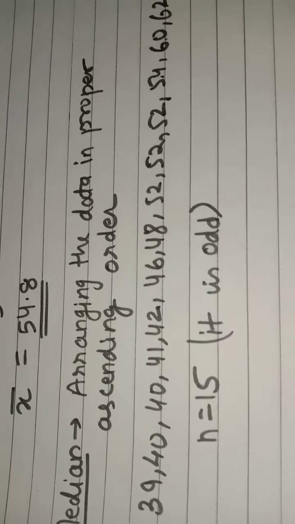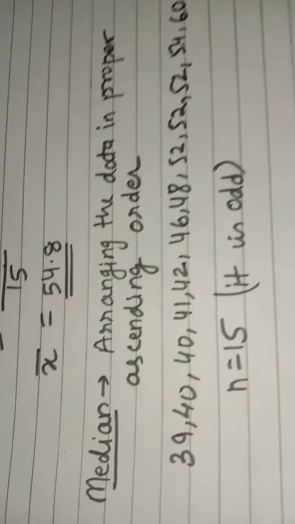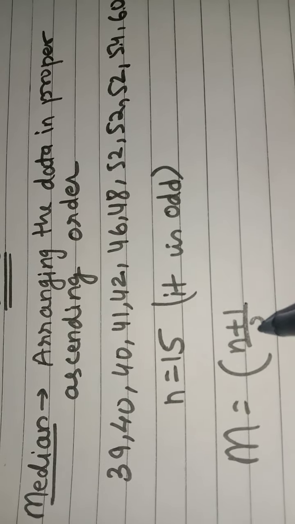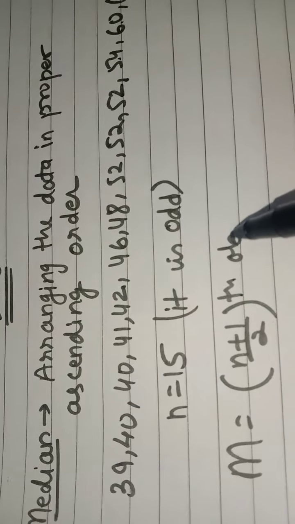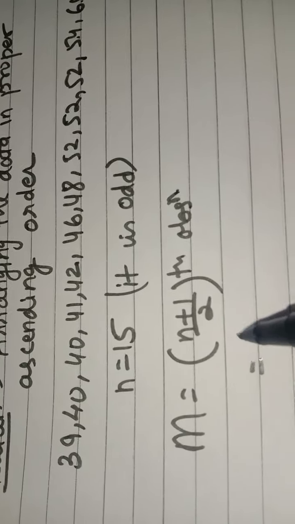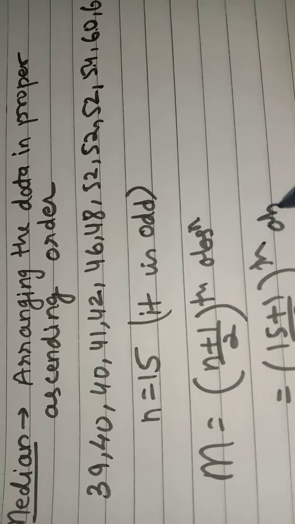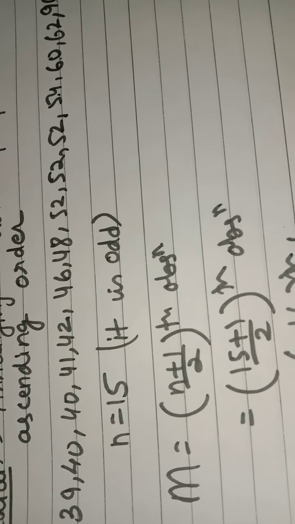So for even I have done for you. Now for odd also we have the formula. Median is equal to the (n plus 1) upon 2th observation. Now that is 15 plus 1 upon 2th observation. 15 plus 1 is 16 by 2th observation.